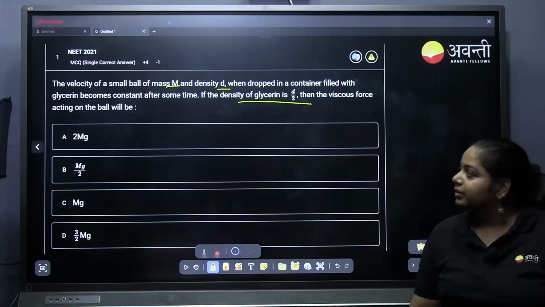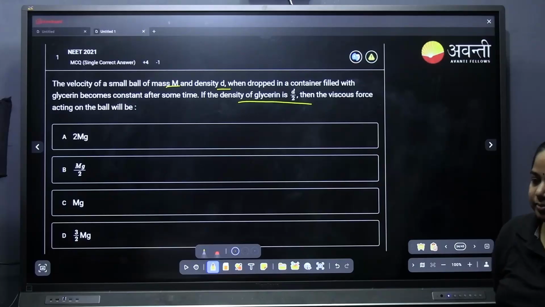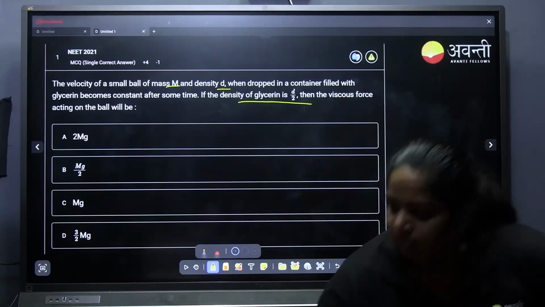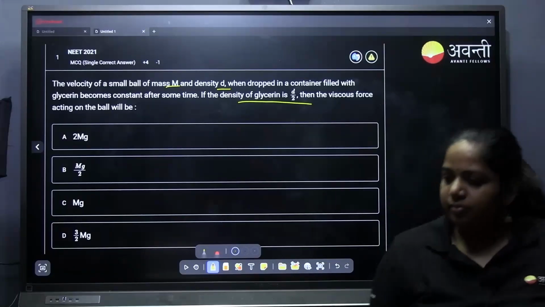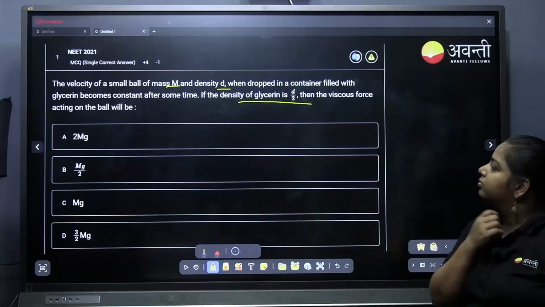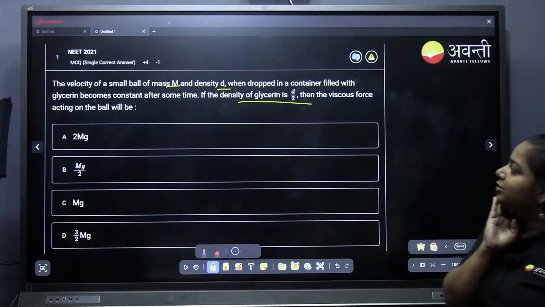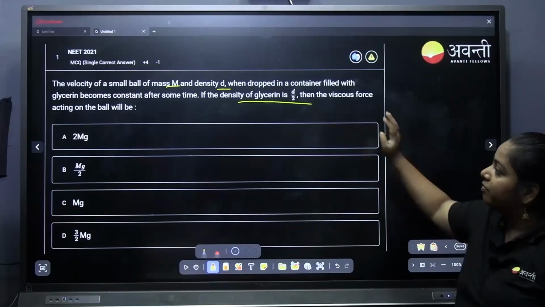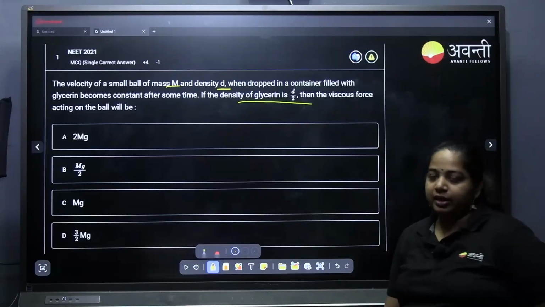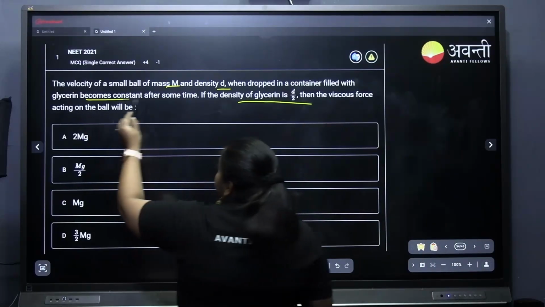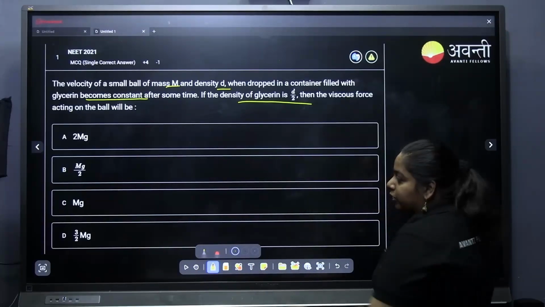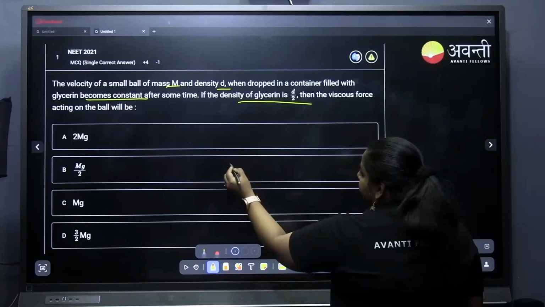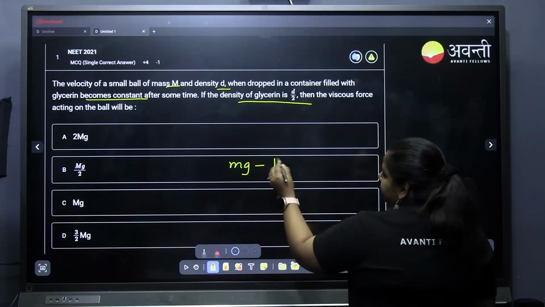First do this, okay? Mass of the ball is given, density of the ball is given, density of glycerin is given, and we have to find the viscous force acting on it when velocity becomes constant.